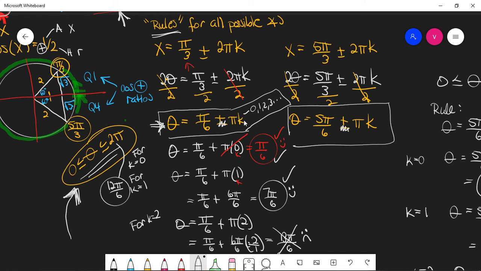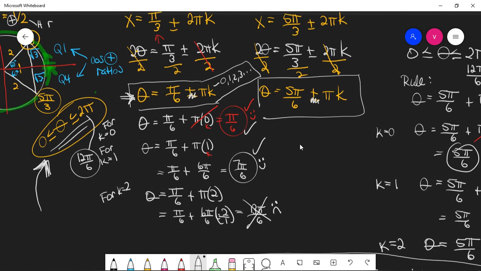The reason you have to do that rule is because it's not obvious, after you've divided and done some algebra, whether you're in between 0 and 2 pi. I don't know. And who thinks in pies anyway? So just use the rule and then try k equals 0, then 1, then 2.